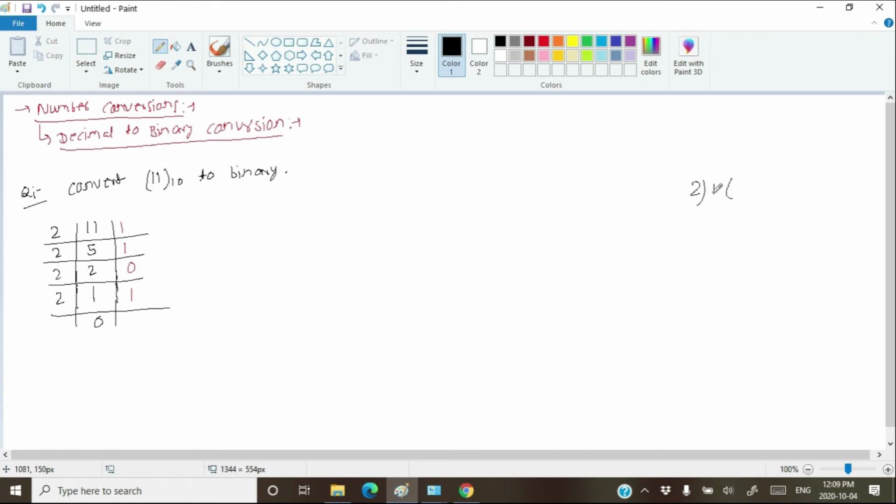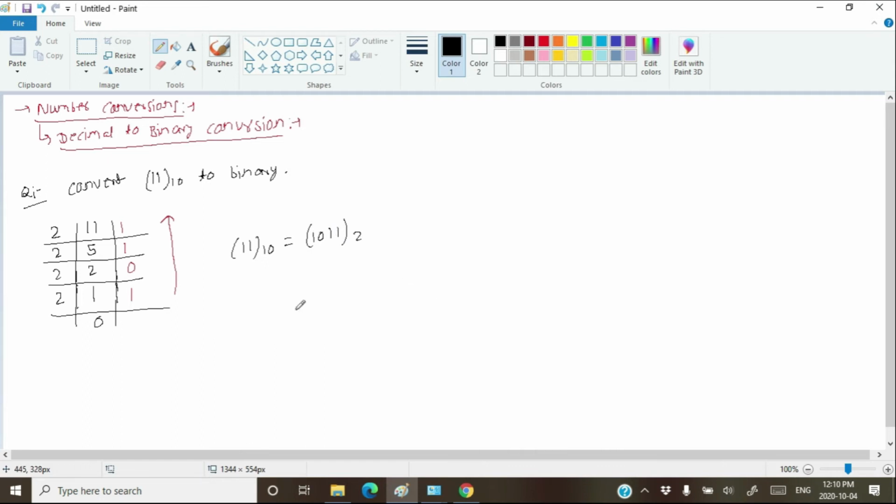You cannot divide 1 by 2, that's why the quotient is 0 and you get 1 as the remainder. 0 is the quotient, 1 is the dividend and 2 is the divisor. Therefore, when you take all these remainders from bottom to top, that will be the binary of 11. So you can write 11 in decimal is equal to 1011 in binary.